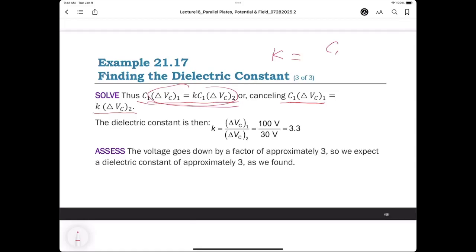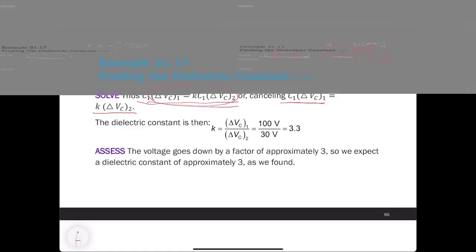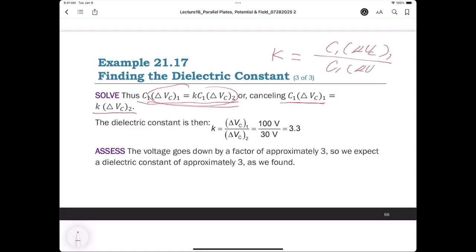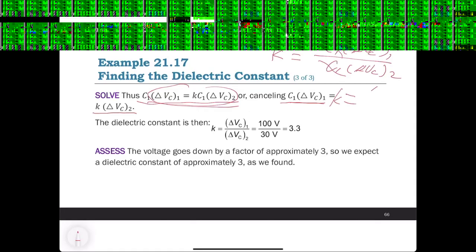So you can see from this equation, K equals what? C1 delta VC1 divided by C1 delta VC2. C1 cancels, which means K equals delta VC1 divided by delta VC2.